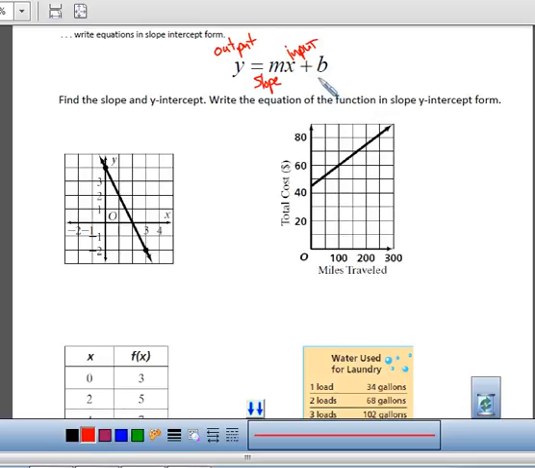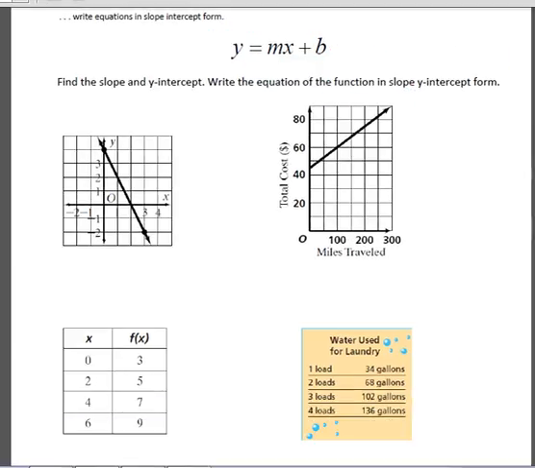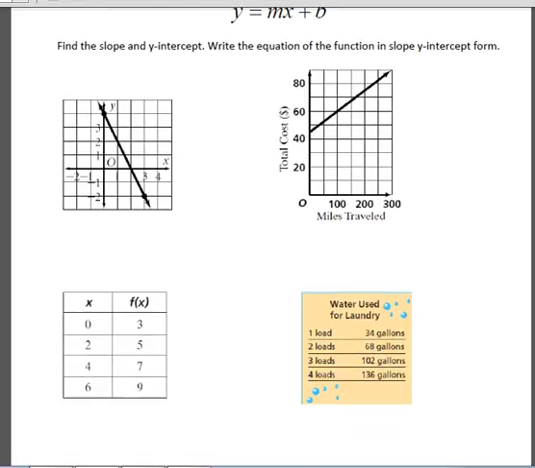And then b is the y-intercept, or also known as the initial value. Okay? So, let's go ahead and take a look at the first few examples.